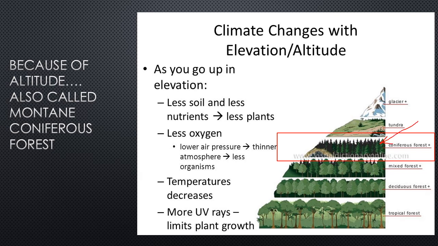So it has less soil and less nutrients as you go up, so obviously less plants, less diversity of plants, slightly lower oxygen, and of course lower temperatures. One thing we haven't mentioned is that as we go up, these UV rays that they're exposed to more and more limits plant growth. So that's something we haven't mentioned yet.